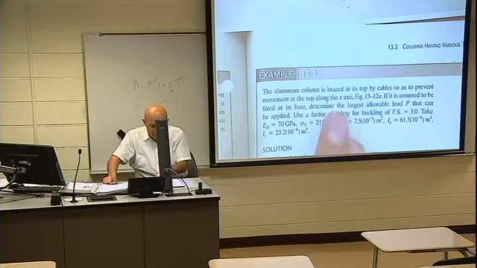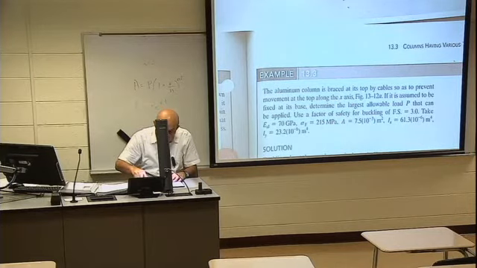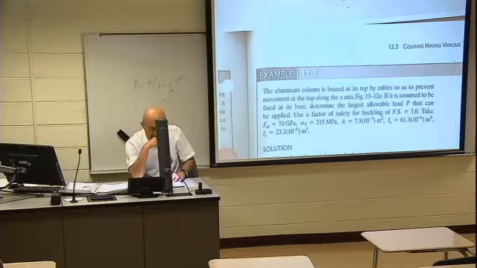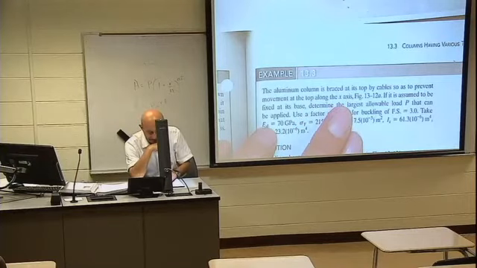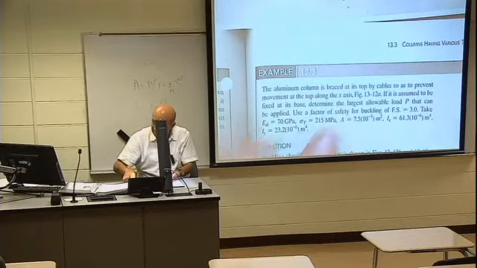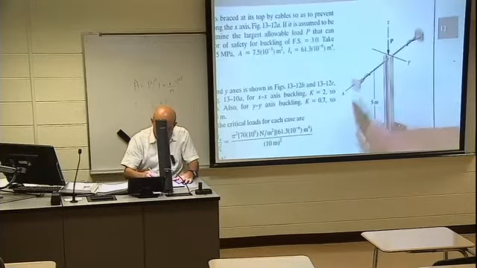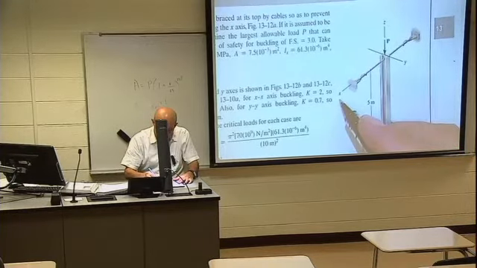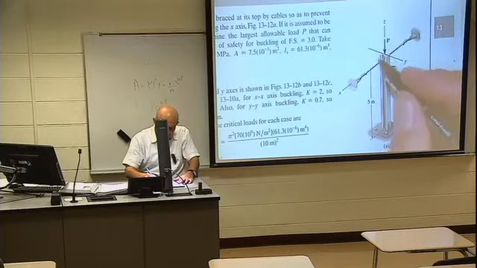It is an aluminum column braced on the top by cables so as to prevent movement at the top along the x-axis. Why don't you make a picture? That is the x-axis, and that is the y-axis.